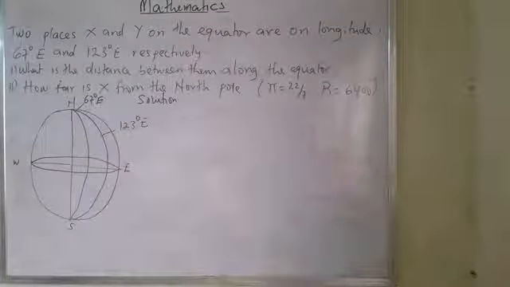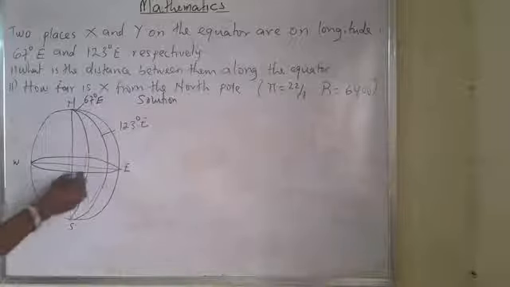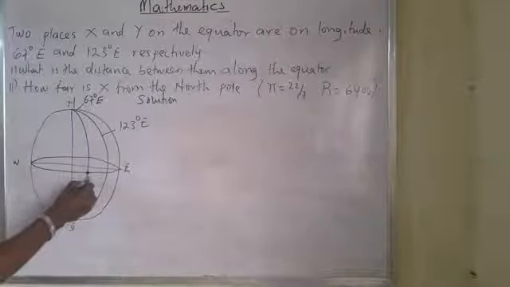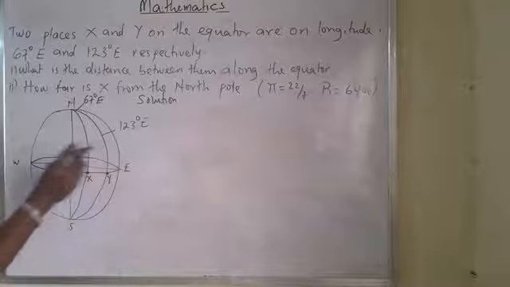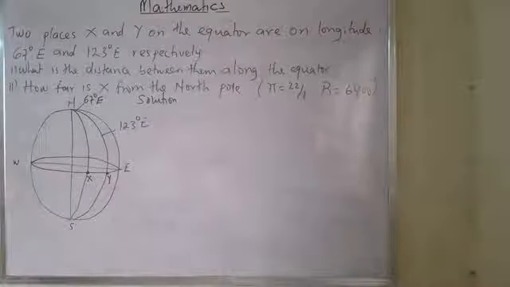Very, very perfect. Now, the next thing you need to understand is the location of X and Y. It means we are talking about X and Y. That is all you have to find.